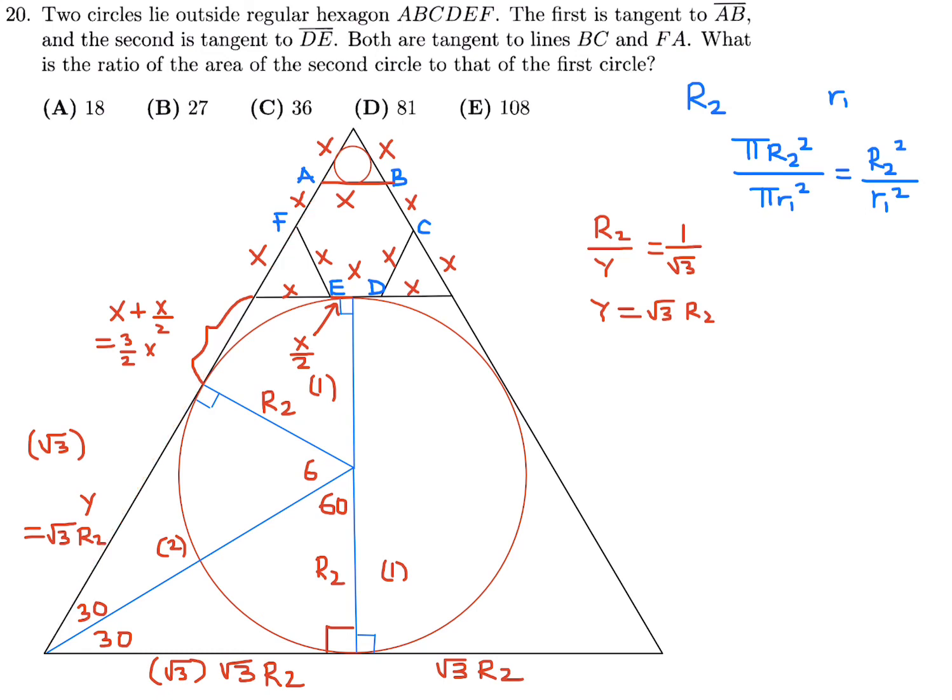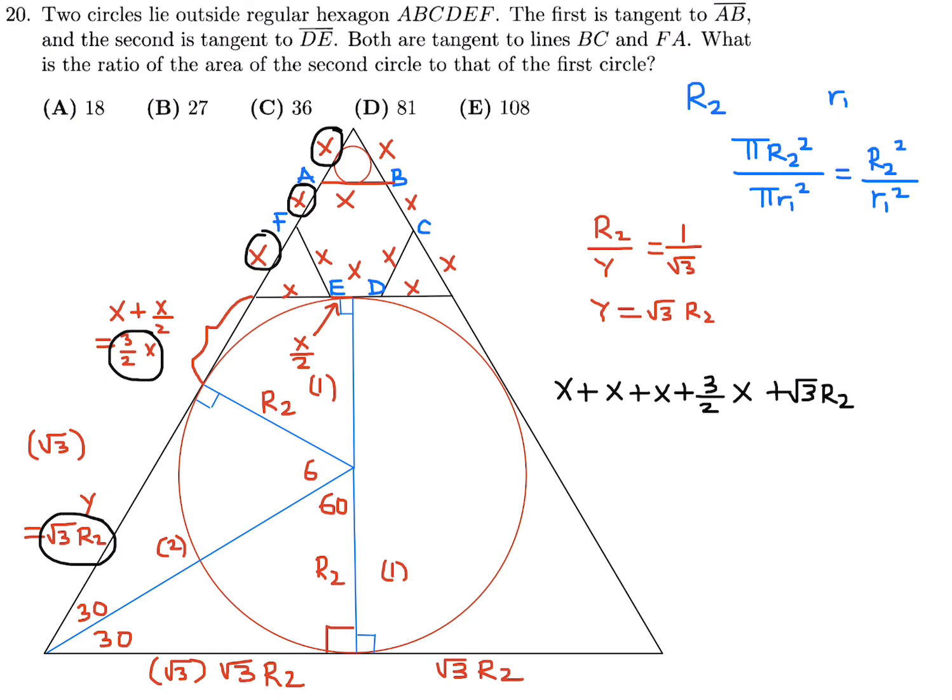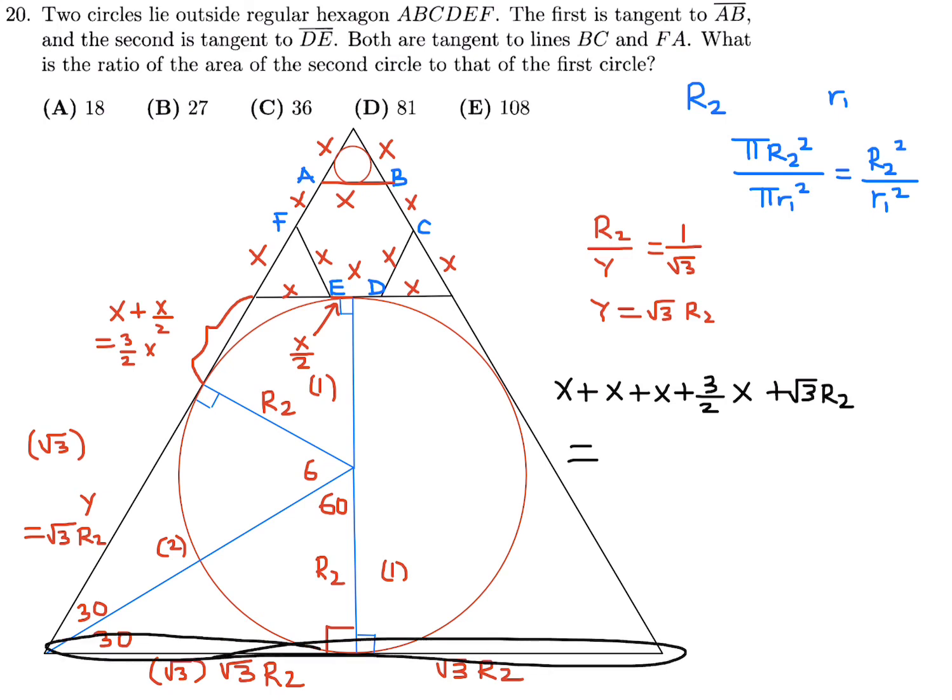So first let's draw this in terms of its variables. It is x plus x plus x plus 3 over 2x plus root 3 R2. Right? X plus x plus x plus 3 over 2x plus root 3 R2. I just added them all up. And that is equal to this side right here.